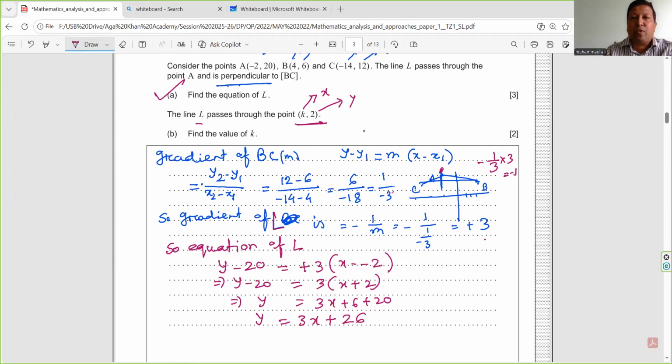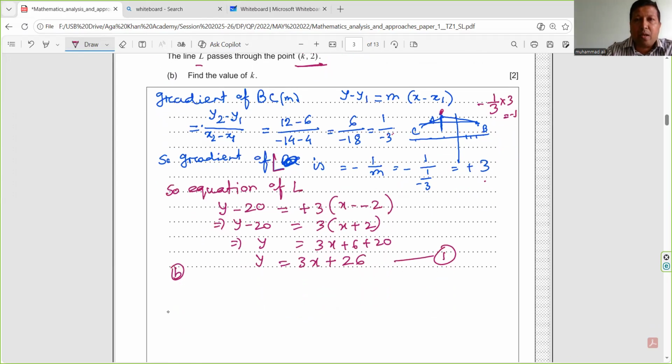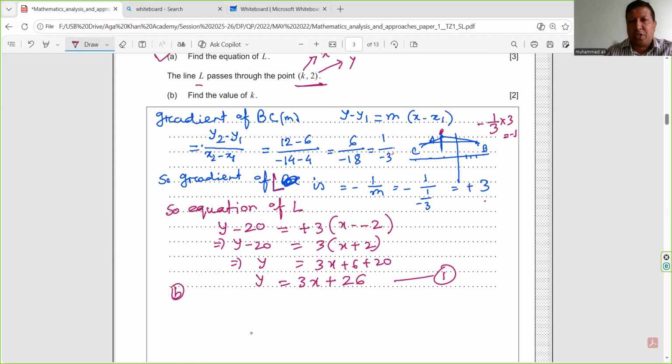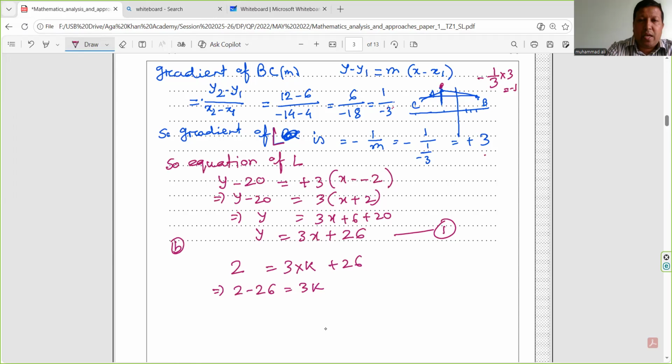We have to put both of these values in equation 1 to get the value of K. Now, instead of y, we put here 2, and instead of x, put here K. So 2 equals 3K plus 26. Now 2 minus 26 equals 3K. After that, minus 24 divided by 3 equals K. That means K equals minus 8.